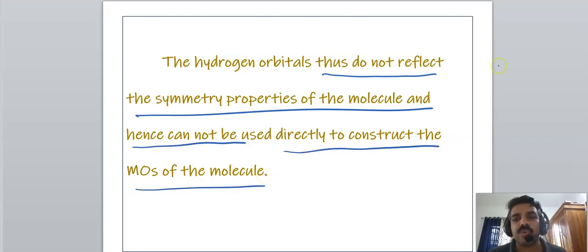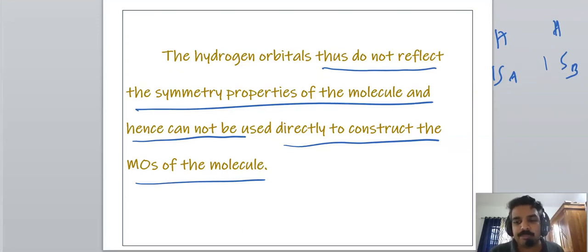These two 1sA and 1sB orbitals of hydrogen A and hydrogen B cannot be used directly for the construction of molecular orbitals because they do not belong to the IRs of the group. They do not belong to the same symmetry as the central atom.